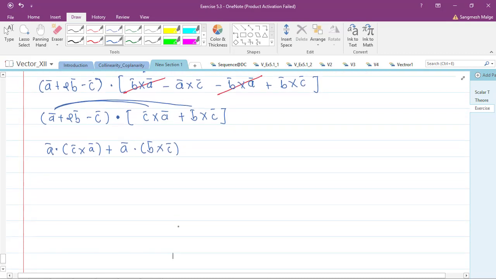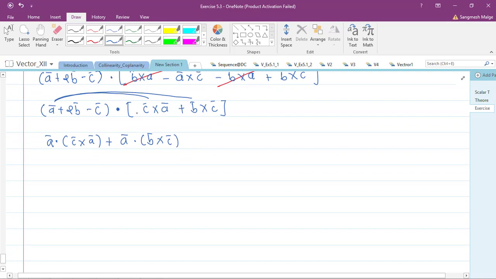Now let's distribute the second one. 2B bar dot, so plus 2B bar dot C bar cross A bar plus 2B bar dot B bar cross C bar. Now next we have this minus C, so minus C bar dot C bar cross A bar and minus C bar dot B bar cross C bar.